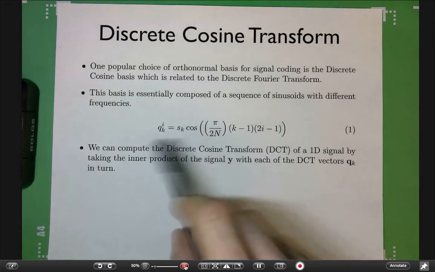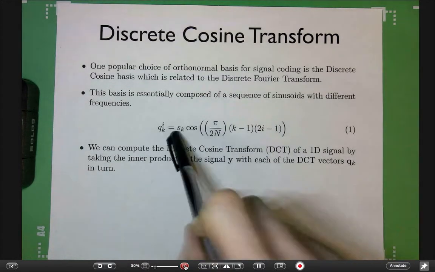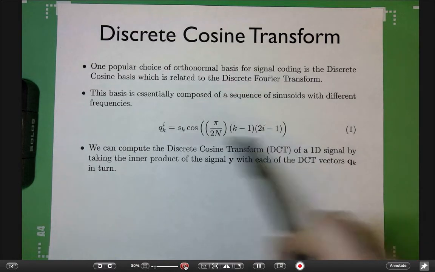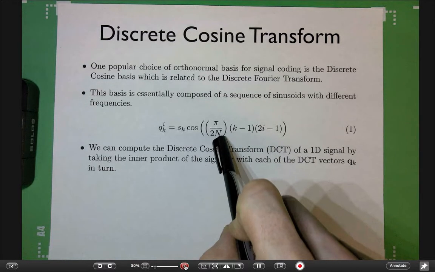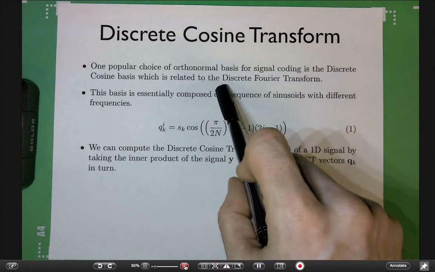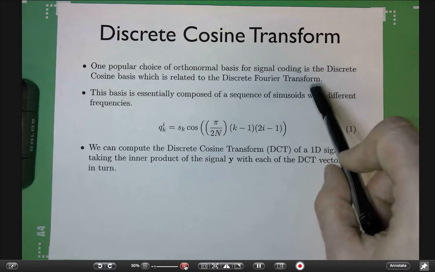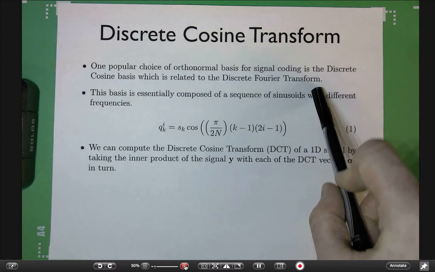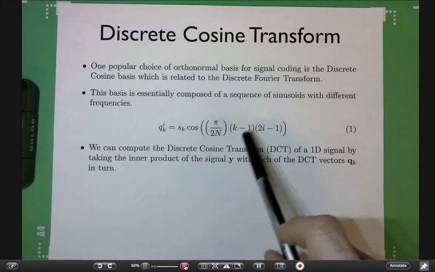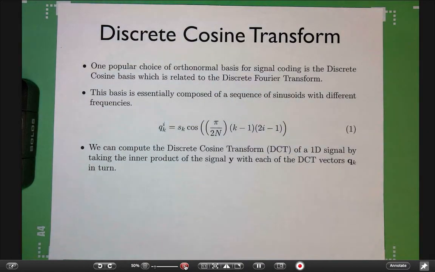I can just always compute them with the formula. I don't want you to remember this formula by heart. I just want you to remember that the DCT is closely related to the discrete Fourier transformation. What is funny about the Fourier transformation is that it's in the complex domain, and we don't need this here, so we just take essentially the real component of it, which corresponds to the discrete cosine transformation.